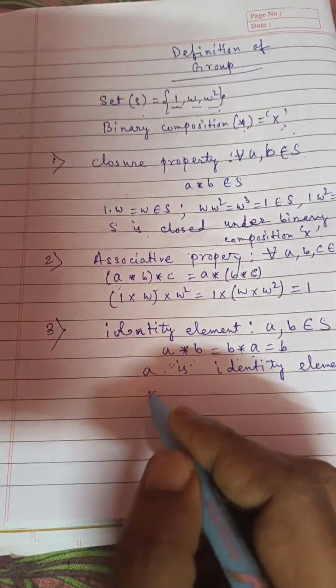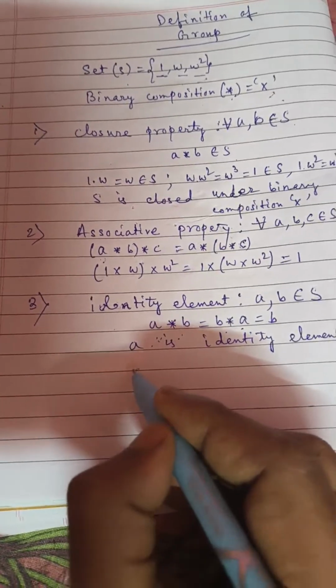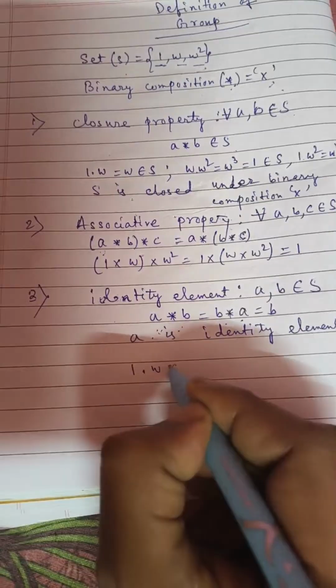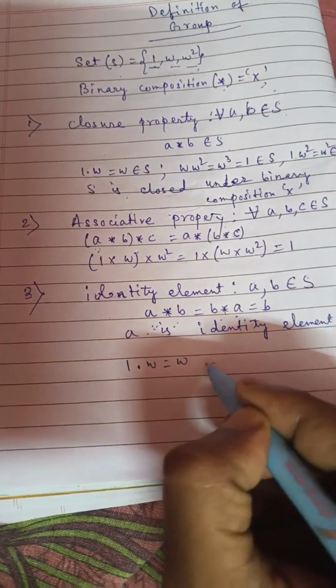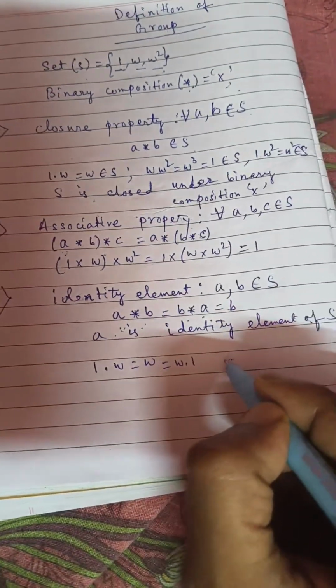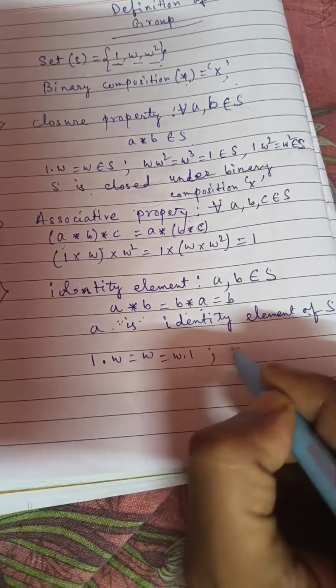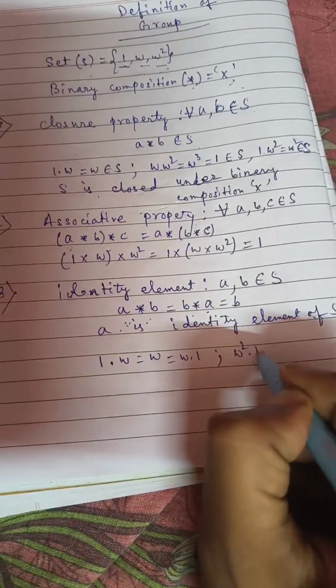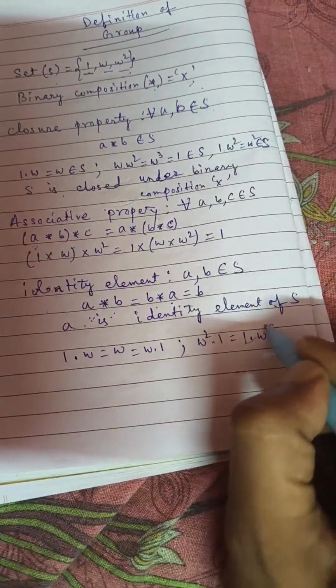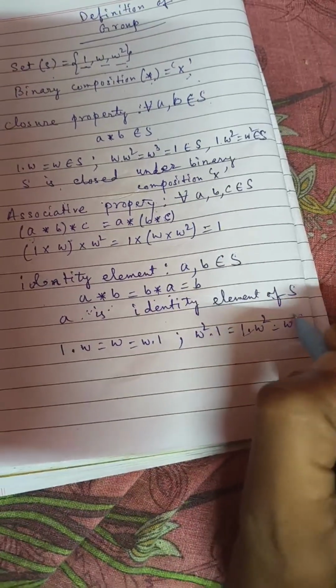If we check the example, if we take the identity 1, 1 times omega is omega, or omega times 1 is omega. If we take omega square times 1, it is equal to 1 times omega square, which is equal to omega square.